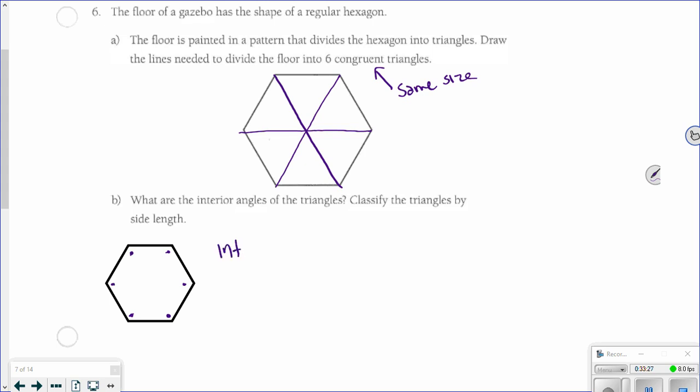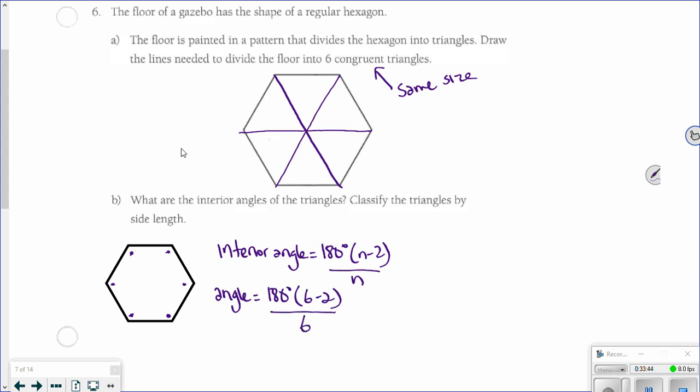So the interior angle is 180 degrees times (n minus 2) divided by n. So my angle is 180 degrees times (6 minus 2) divided by 6.